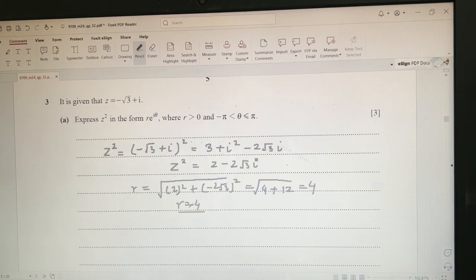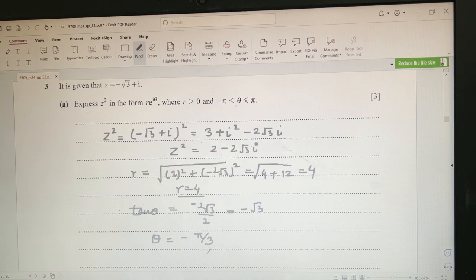Now we should look for theta, that is the argument. To find theta, we'll use tan theta equals y over x. So y over x means y is minus 2 root 3 over 2. 2 will get cancelled, so this comes as negative root 3. When we check this argument from the calculator, it comes as negative pi over 3.